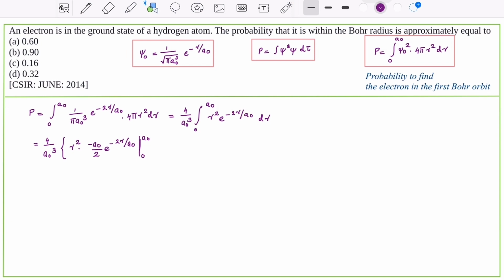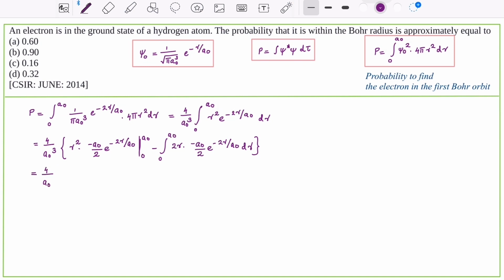This is first function into integral of second, minus integral 0 to a0, the derivative of r square, 2r, then integral of second, minus a0 by 2 e raised to minus 2r by a0 dr.